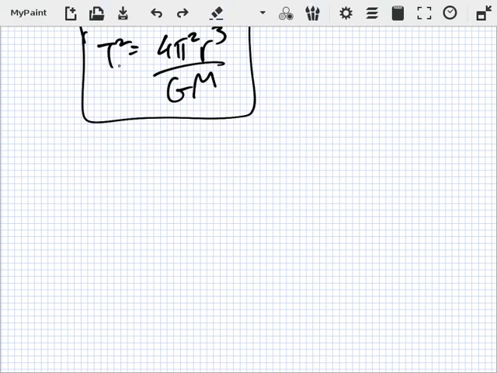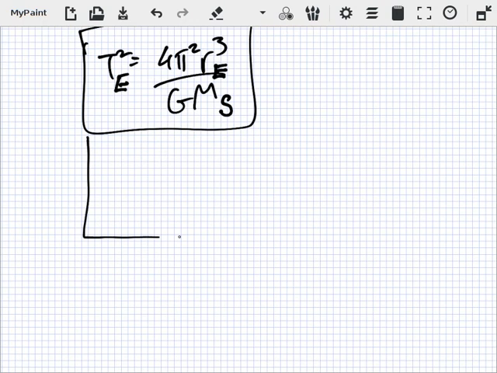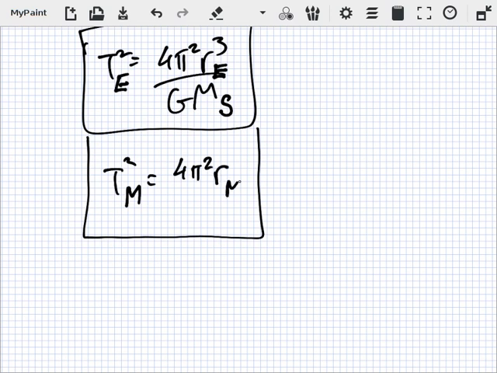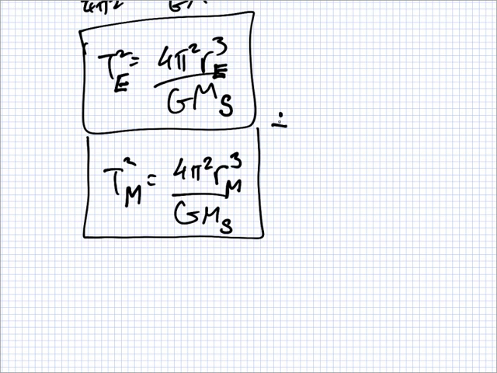I'm going to say T squared of the Earth equals 4 pi squared radius of the Earth cubed over GM, and that's mass of the Sun. And then I'll do the same thing for Mars. T squared of Mars equals 4 pi squared radius of Mars cubed over GM, mass of the Sun. Now I'm going to divide these, so I'll get T squared of the Earth over T squared of the Mars.